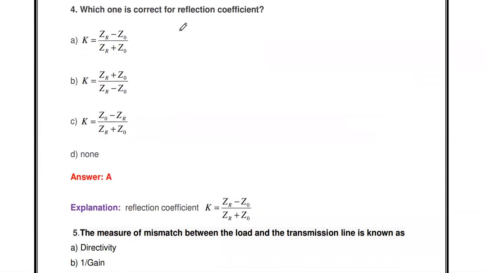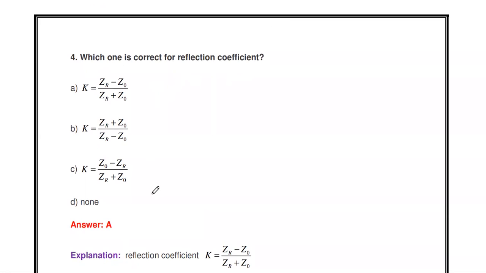Then the next question: which one is correct for the reflection coefficient? The formula is given. The reflection coefficient K equals ZR minus Z0 divided by ZR plus Z0, where ZR is the receiving end impedance, or load impedance, and Z0 is the characteristic impedance.